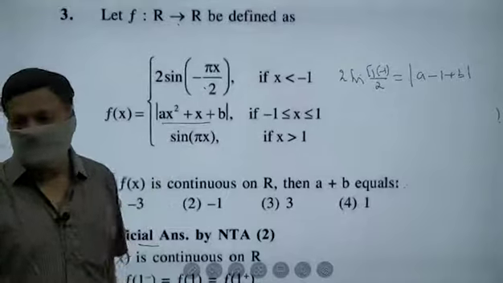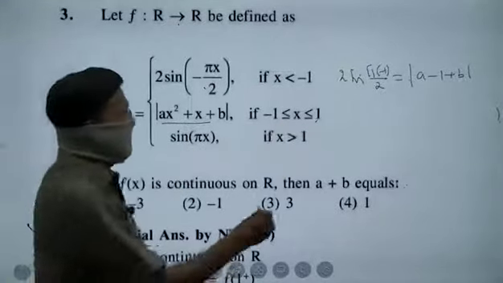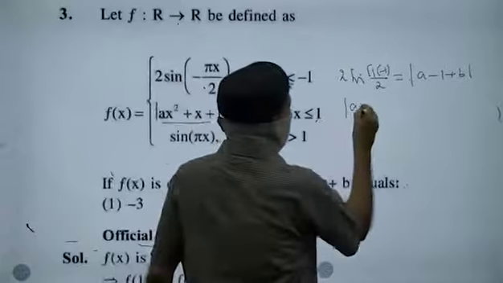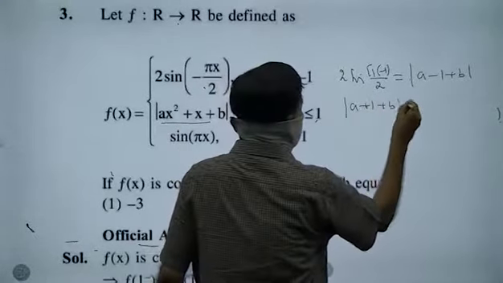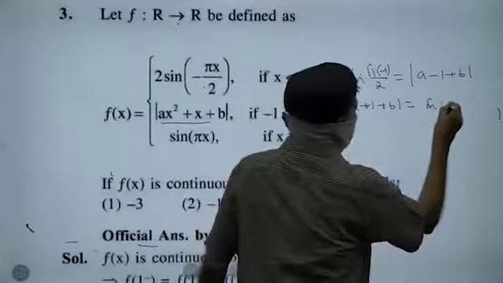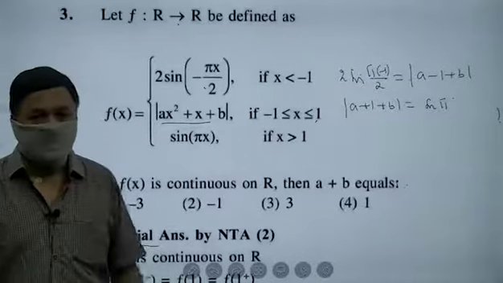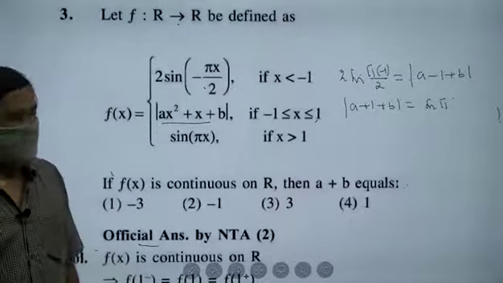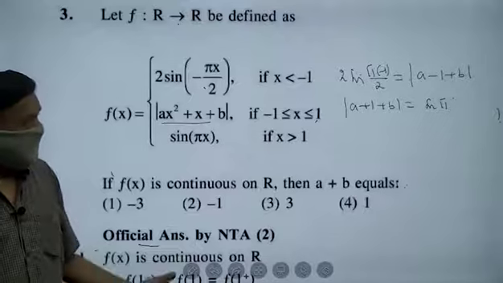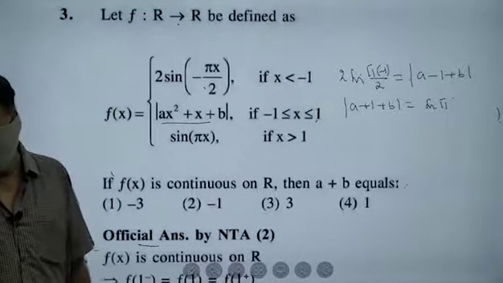Use this, right? Next, left hand limit at 1 is what? Mod of a plus 1 plus b is equal to sin pi. Understood? So you got like this. Using the two equations, solve for a and b, or a plus b can be calculated.